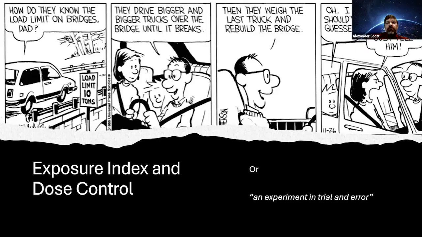And so we come to the exposure index as an experiment in trial and error. So fortunately, we don't try this method on patients necessarily, but I'll show you how we came to determine our dose levels and how to track those.